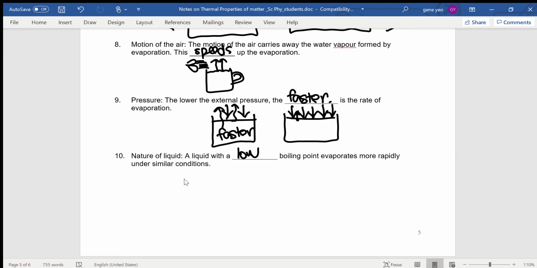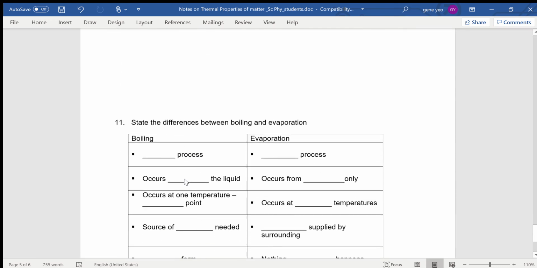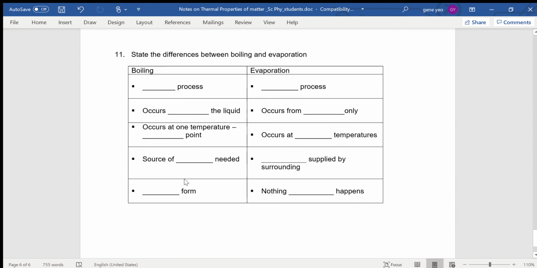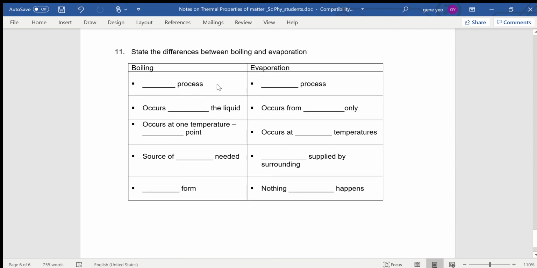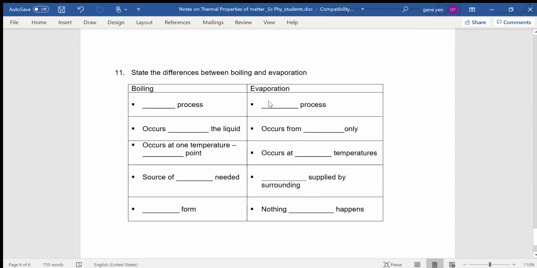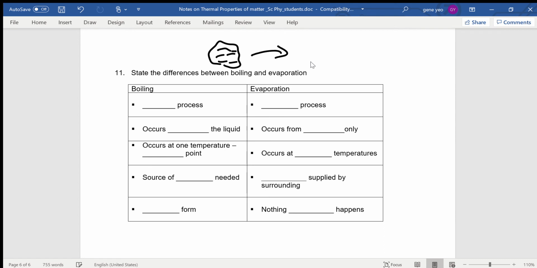Now, the next thing you have to know is the difference between boiling and evaporation. Boiling and evaporation both involve a change in state from liquid into a gas. Boiling is generally a fast process, generally, not always, and evaporation is a slower process.